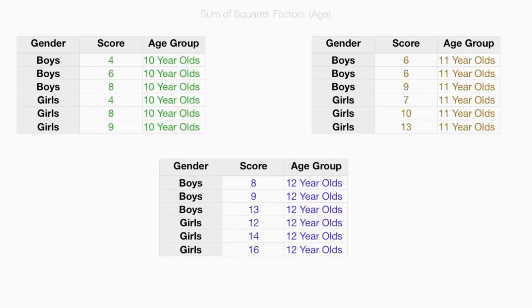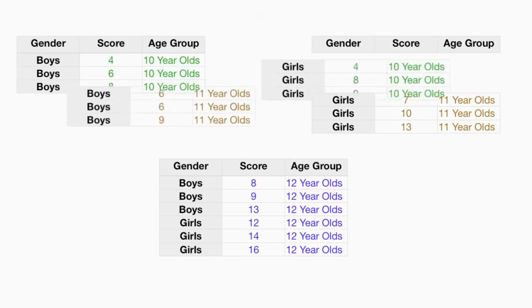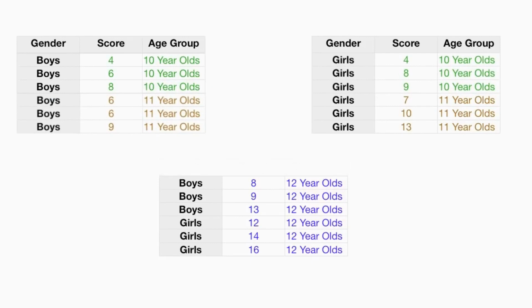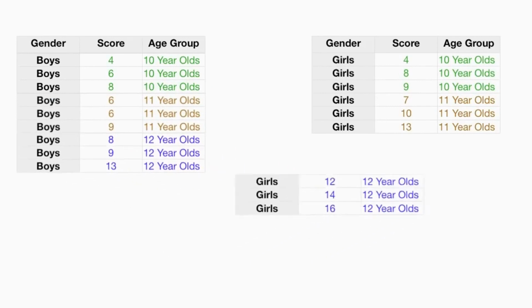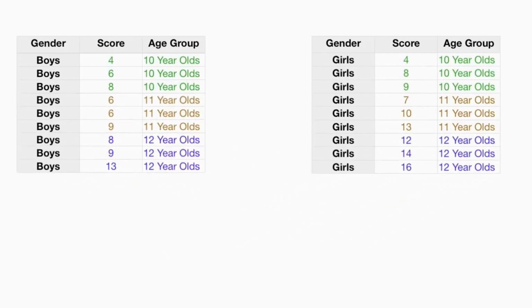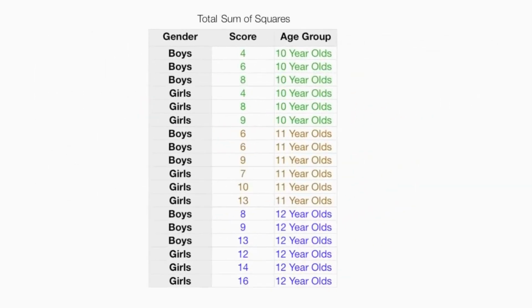Then I'll reorganize the data, this time by gender, and calculate the sum of squares of the second factor, gender. And finally, I'm going to take all the data and treat it as one big chunk. This is called the total sum of squares, or sum of squares of the total. I'll take the mean and analyze it this way as well.